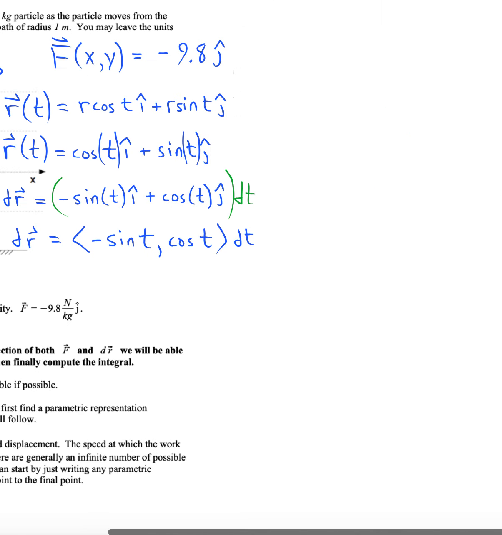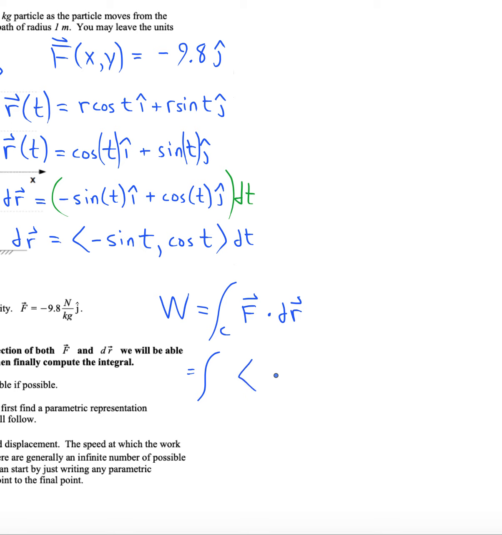So at this point we can go ahead and set up our integral. We're going to go with negative sine t, cosine t, dot that with 0, negative 9.8.